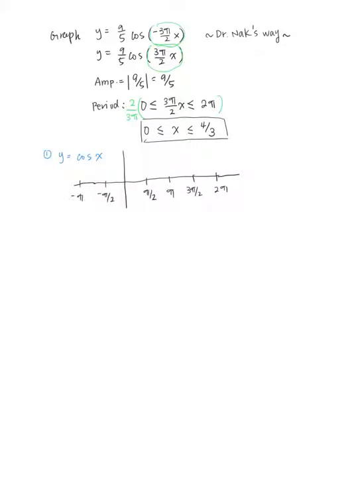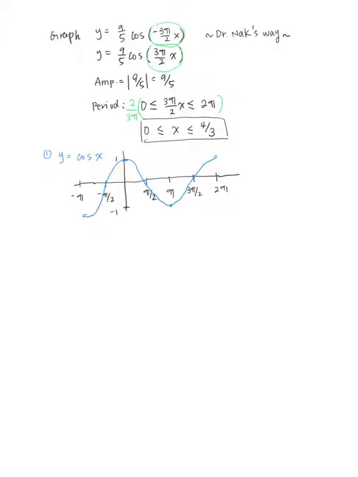All right, so the cosine starts from -1 to 1. It's going to go high, 0, low, 0, high. Here we go. All I need is one cycle, but let's just get fancy and go over here as well. All right, so that's the mother graph, y equals cosine of x.